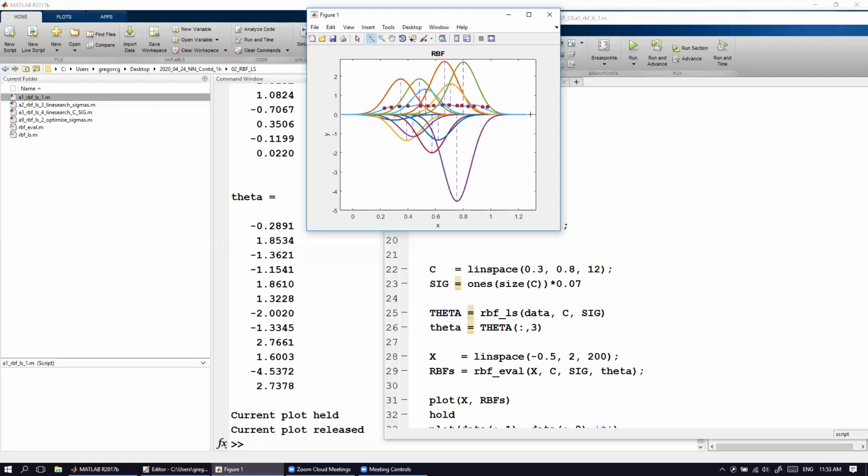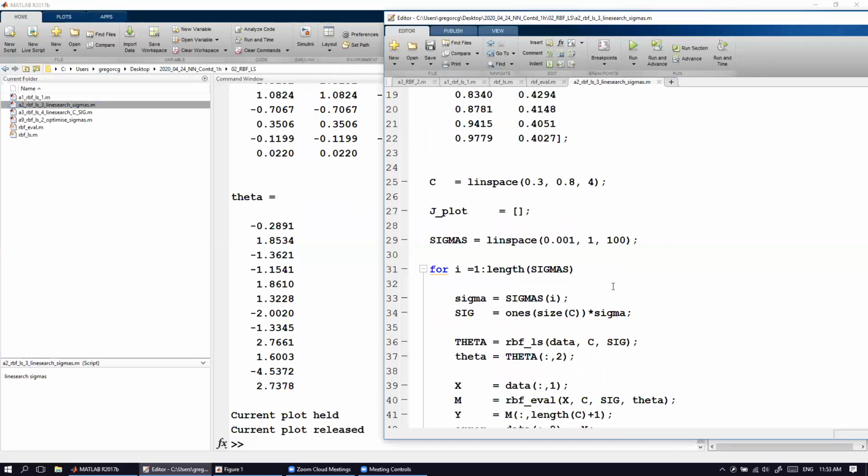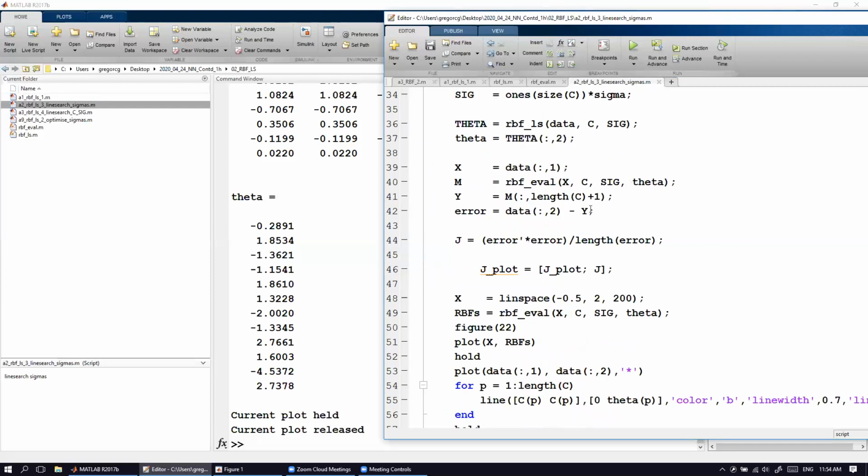Then we see what kind of neural network that produces. So let's take, for example, 4 centers, and we change the sigmas from a very small number to a very high number. And we will use the theta, yeah, okay, this one.